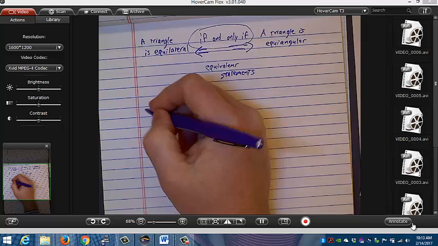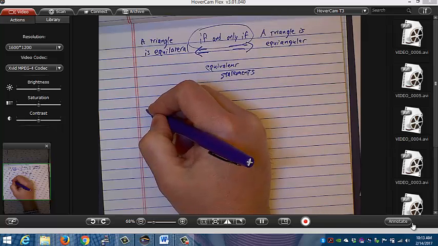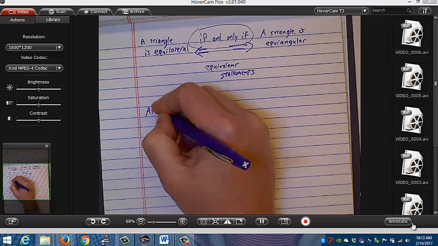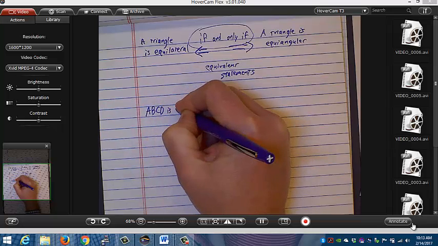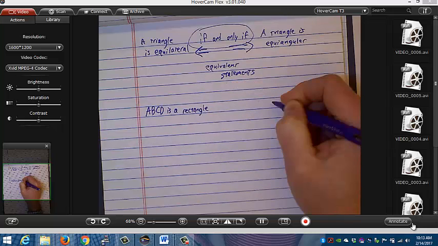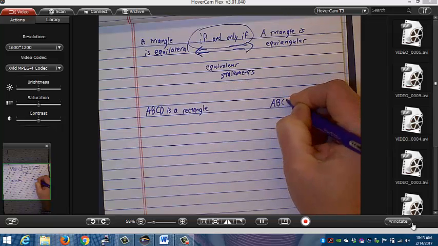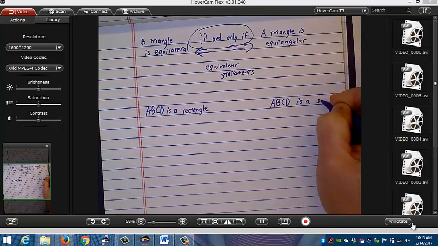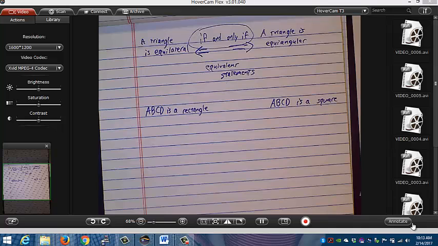But if I say something like this, I say ABCD is a rectangle, and I say ABCD is a square, are those equivalent? No, not equivalent.